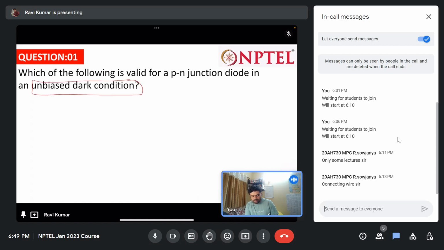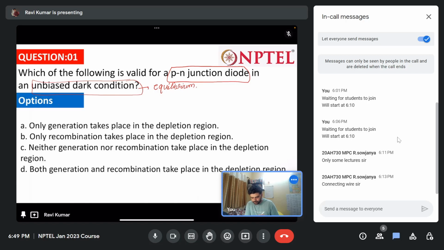Unbiased dark condition means equilibrium. And these are the options.